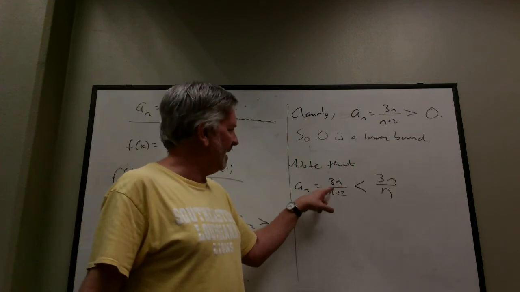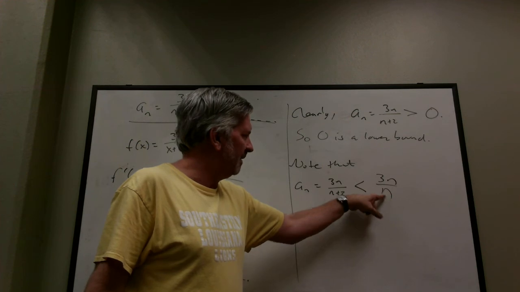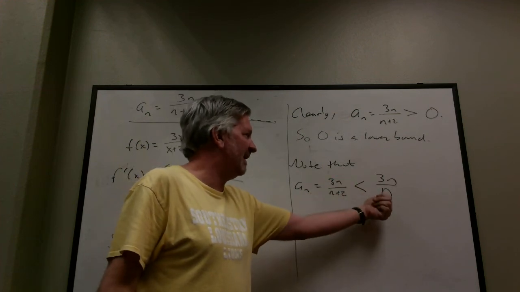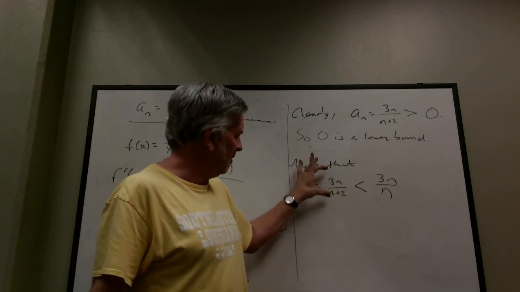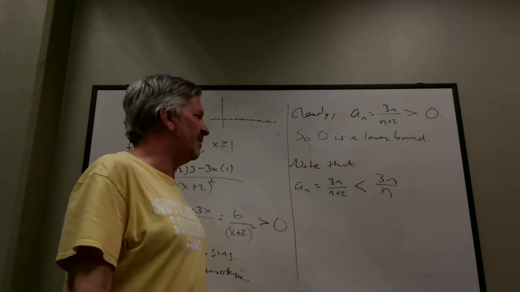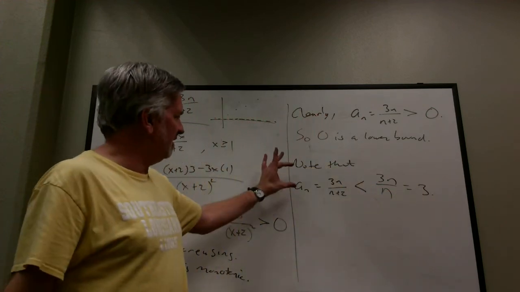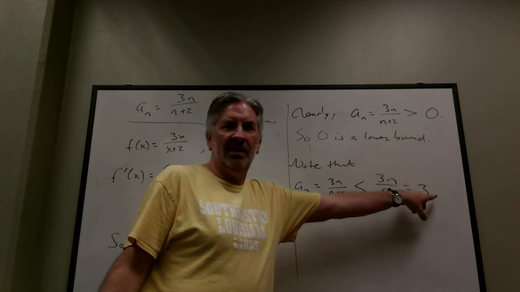So I left the numerator alone, I made the denominator smaller, and they're still positive, right? If I change that to a negative, it's going to be a different story. But to make a fraction bigger, I made the denominator smaller, so this is a true statement. But notice that this turns out to be 3. So what I just showed was a sub n is always less than 3.